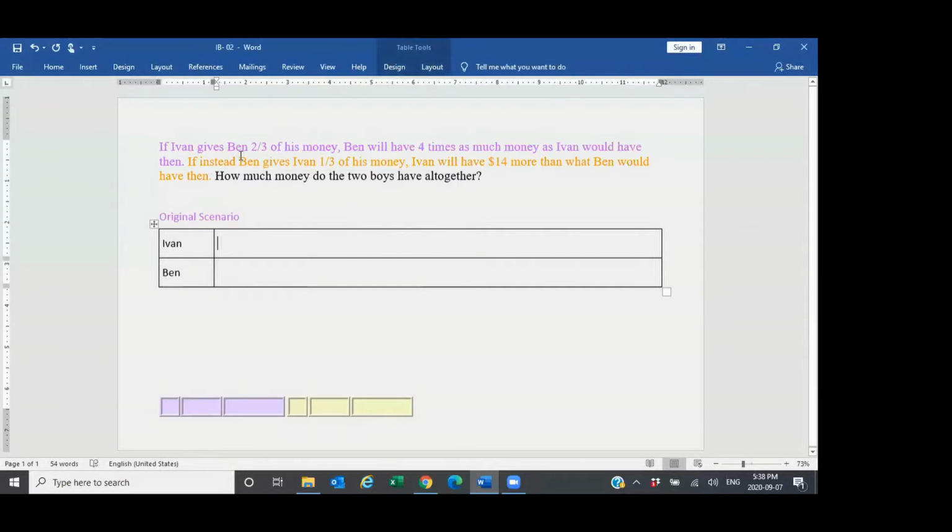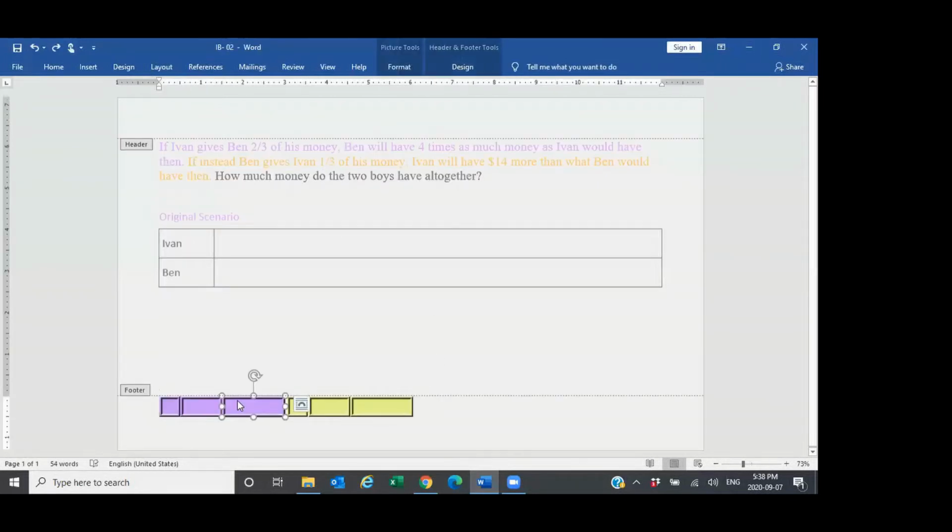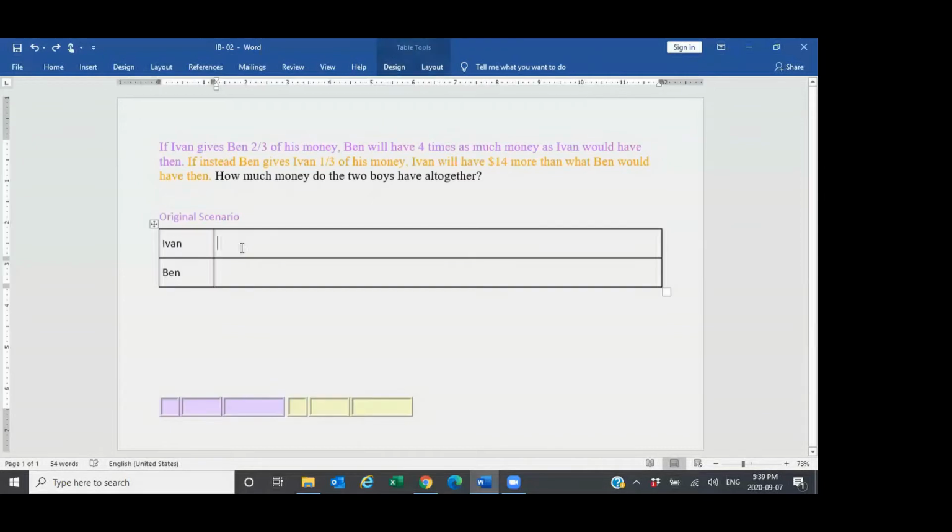Okay, it says if Ivan gives Ben 2/3 of his money, Ben will have 4 times as much money as Ivan would have then. Alright, so we have to make his 2/3. I'm going to make this unit bar represent one of his thirds. Alright, back here. That's 1/3, 2/3, 3/3.